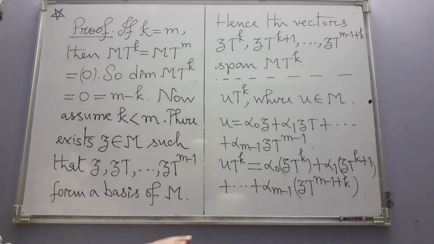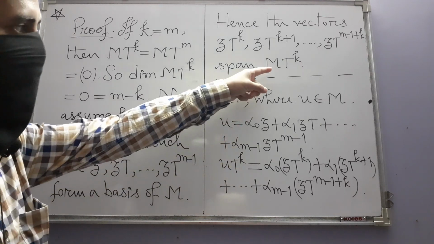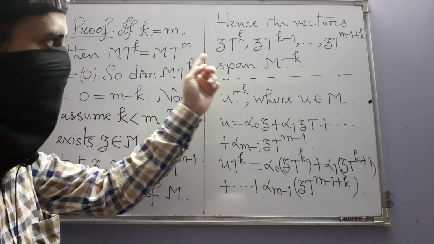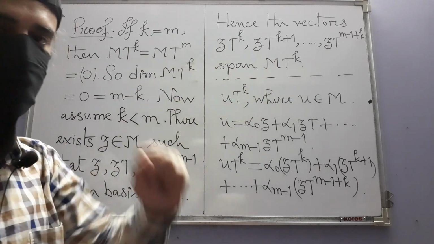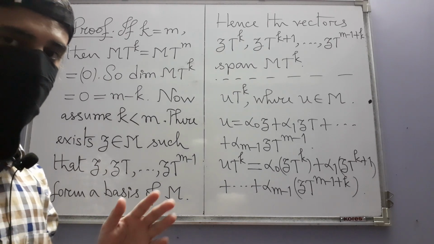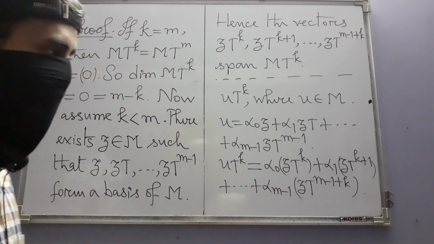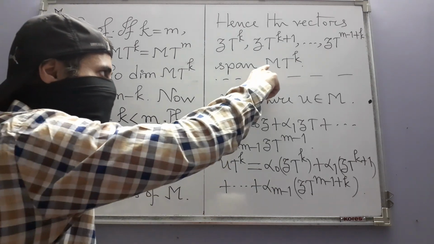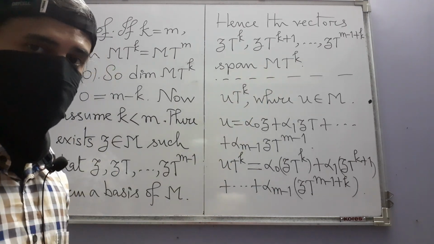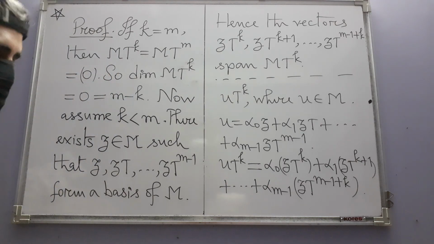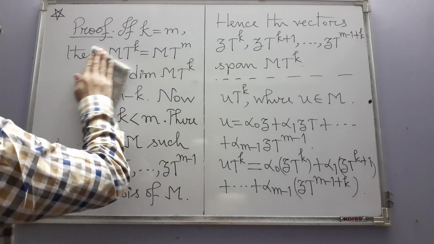So that's how any element here is a linear combination of these vectors, and that's why these vectors span this image. But now you also use the fact that the mth power of t, that is t to the power m, when applied to any element of M gives you 0, because M t to the power m equals the 0 space.